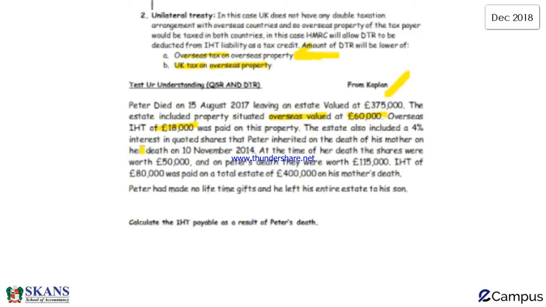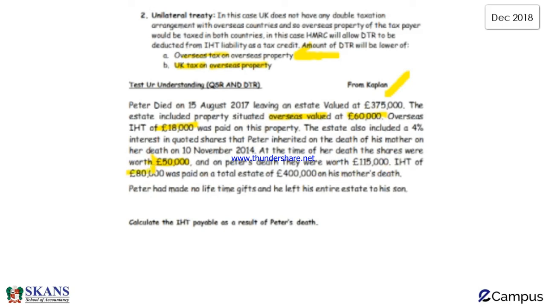The estate also included a 4% interest in quoted shares that Peter inherited on the death of his mother on 10th of November 2014. At the time of her death, the shares were worth £50,000, and on Peter's death they were worth 115,000. In order to calculate IHT on first death, you must consider the value on first death. IHT of 80,000 was paid on a total estate of 400,000 on his mother's death.